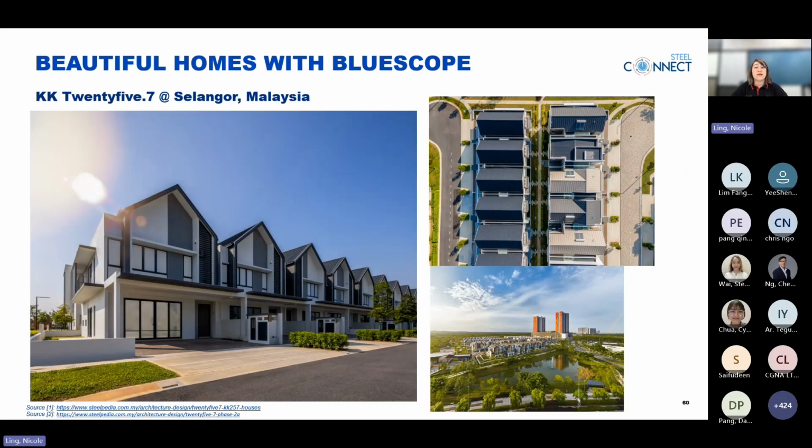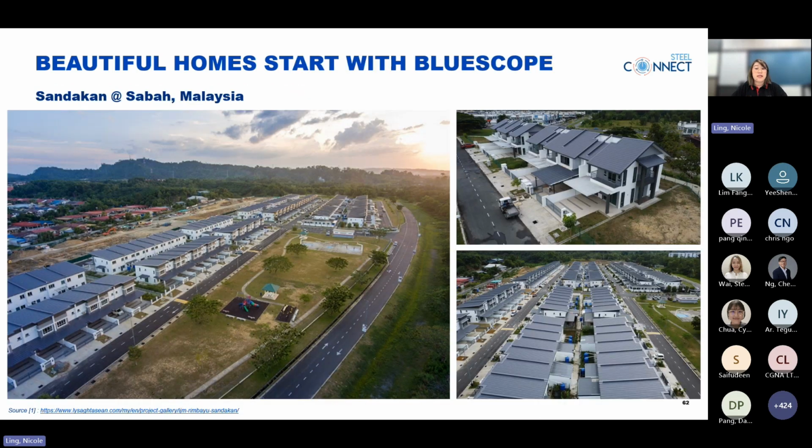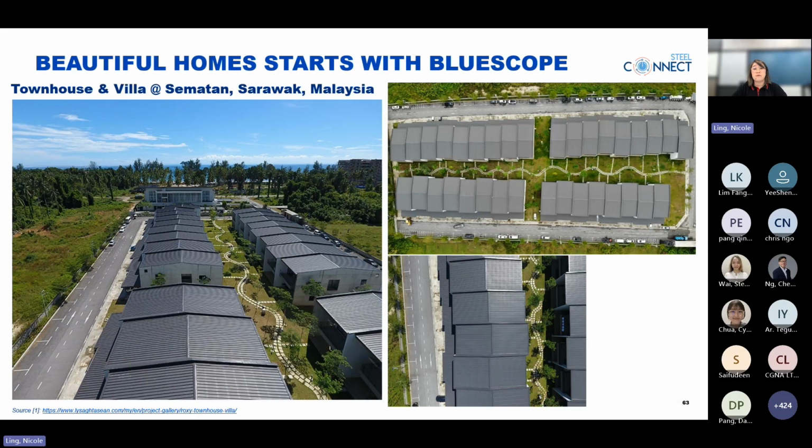Beyond individual homes and apartments, steel roofing is also adopted in beautiful townships for high-end, mid to low-end developments. We have beautiful residential references nationwide, in Peninsular Malaysia, and many more references in East Malaysia as well. Some of the projects are also near the seasides.